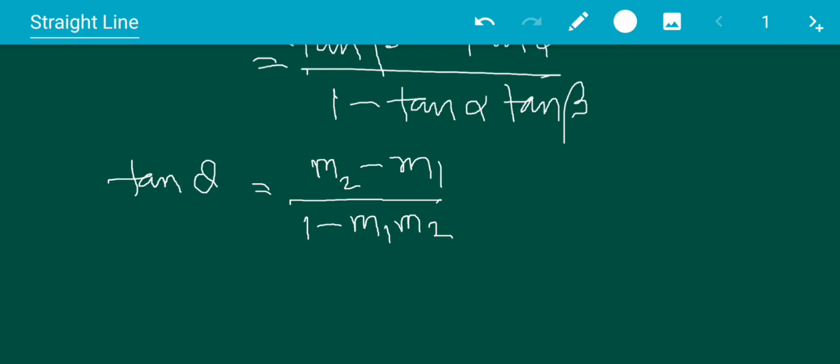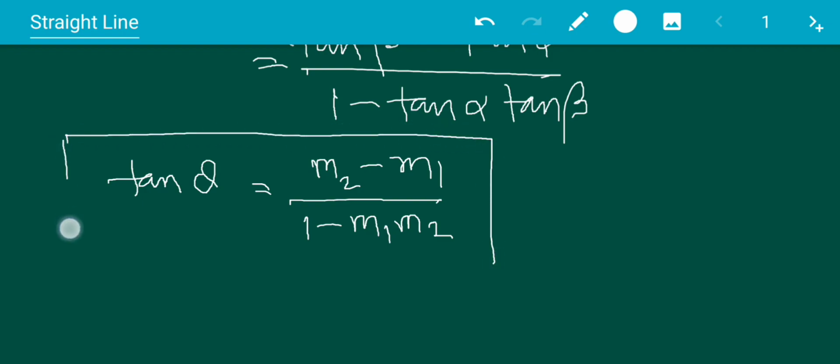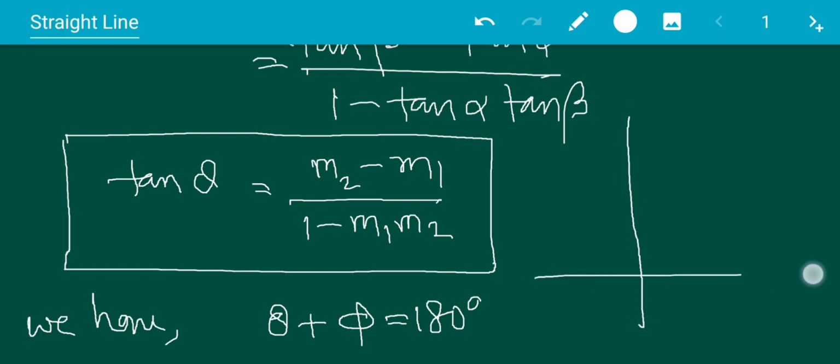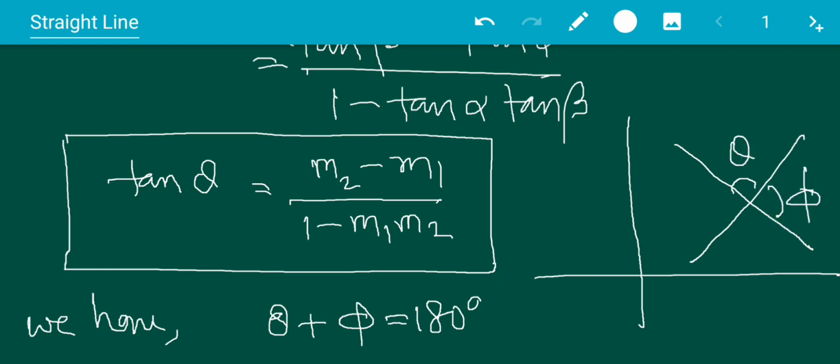So this is the angle between two straight lines, but as discussed earlier, theta plus phi is equal to 180 degrees. We have found this theta, and this phi is also an angle between two straight lines.